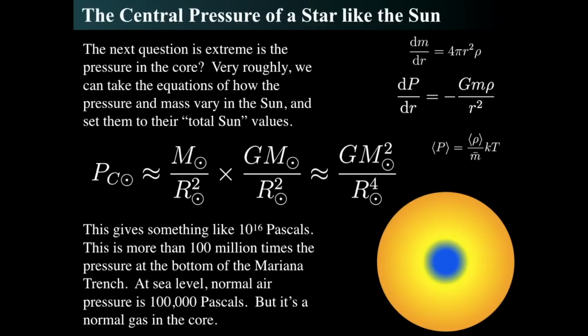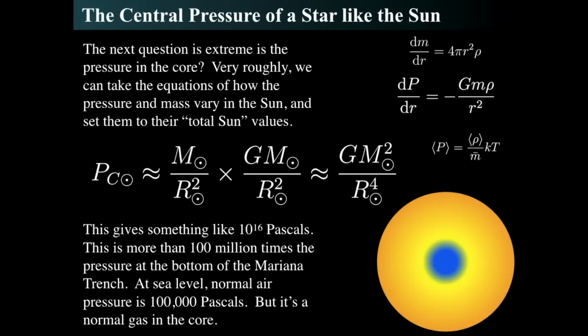That's roughly it, times the gravitational energy of the entire sun, which is G times the mass of the sun divided by the radius squared. So the pressure at the core of the sun roughly goes like Newton's gravitational constant G times the mass of the sun squared divided by the radius of the sun to the 4th power.